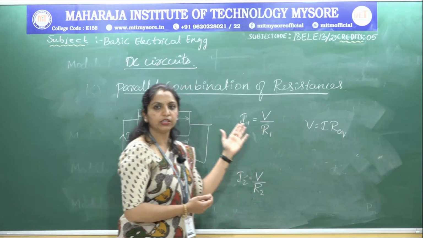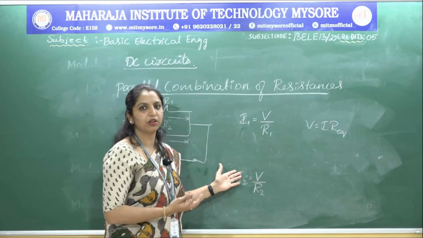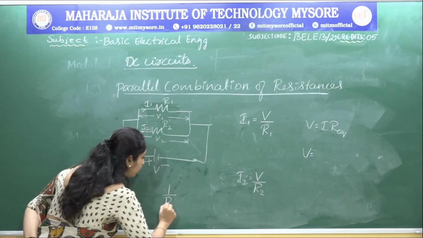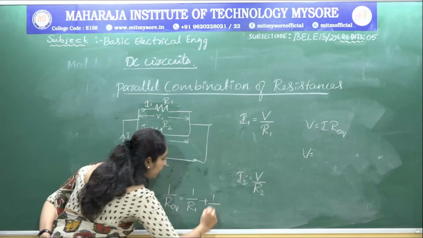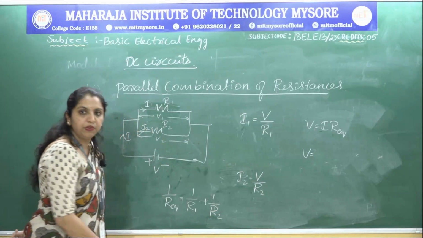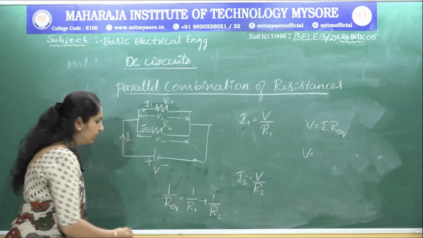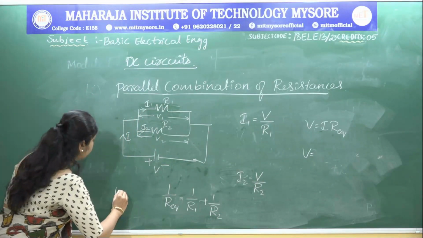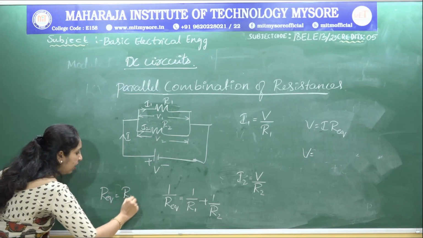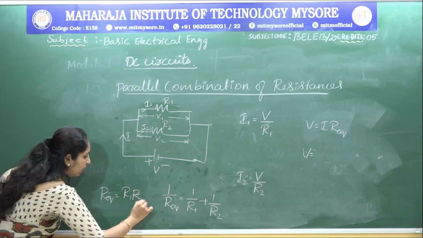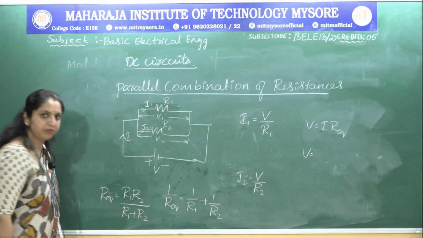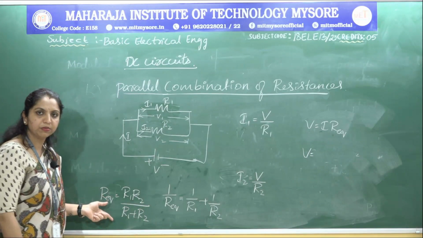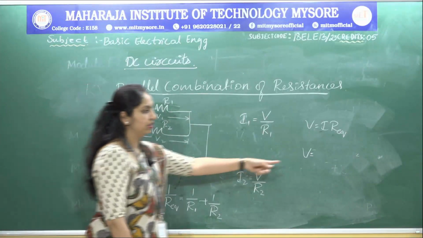We can write 1 by R equivalent is equal to 1 by R1 plus 1 by R2. If you further simplify this expression, you get R equivalent as R1 R2 divided by R1 plus R2. Now I am going to substitute this R equivalent here.